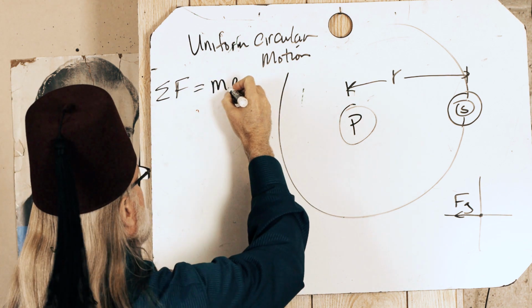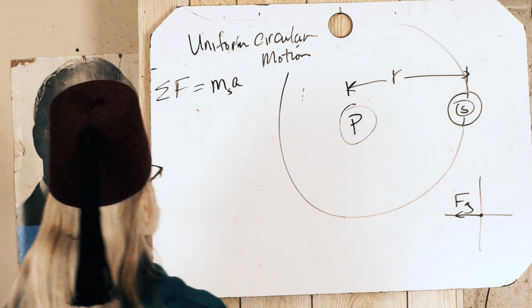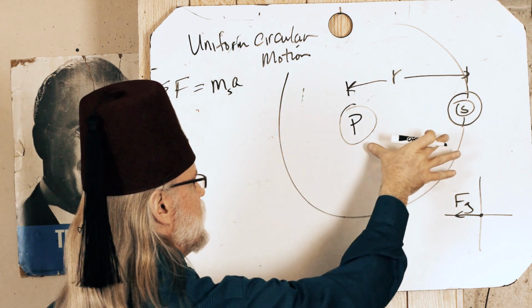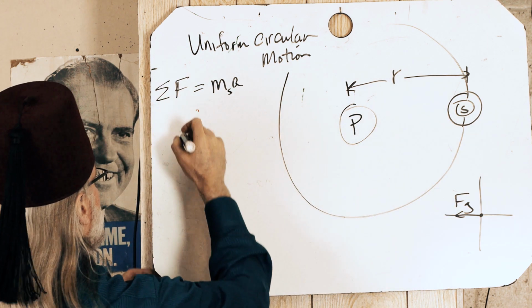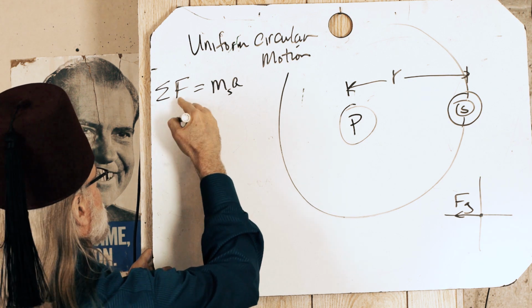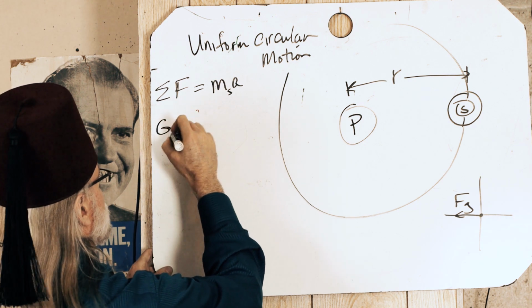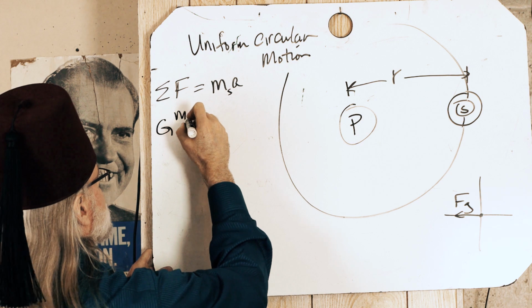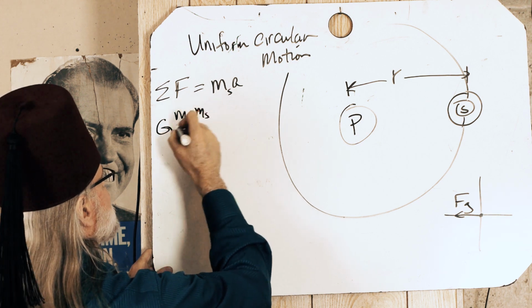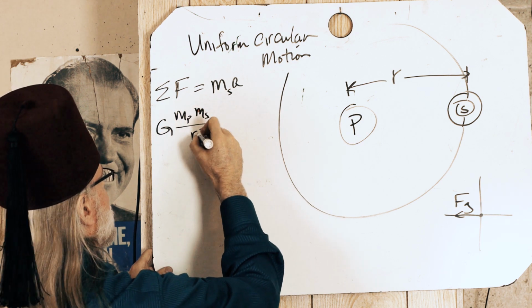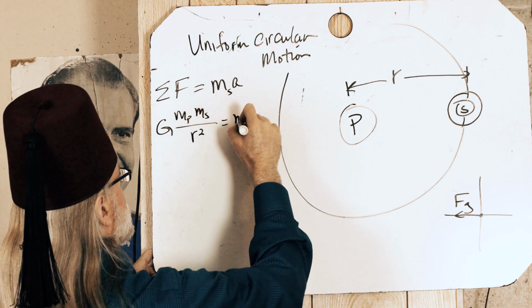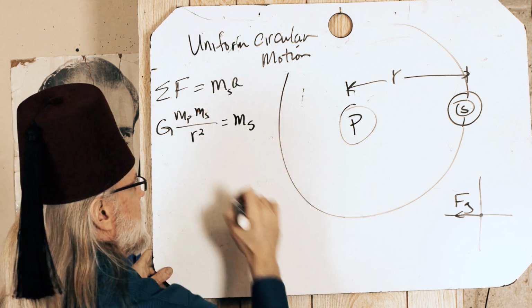All right, so that's the mass of S. And using the universal gravitation equation, the sum of the forces is just going to be the force of gravity, which will be G, mass of P, mass of S, divided by R squared, and that will equal mass of S times the acceleration.